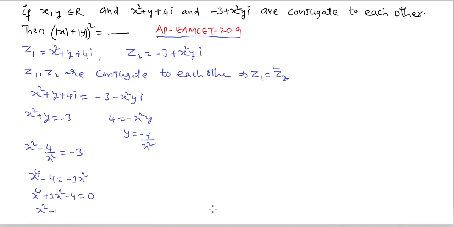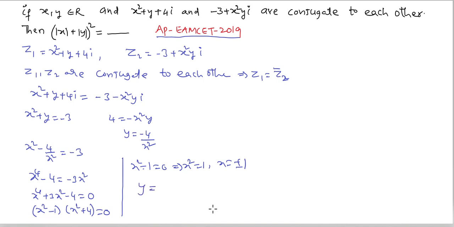This is (x² − 1)(x² + 4) is equal to 0. From this, x² − 1 is equal to 0, that is x² is equal to 1. So x is equal to ±1.